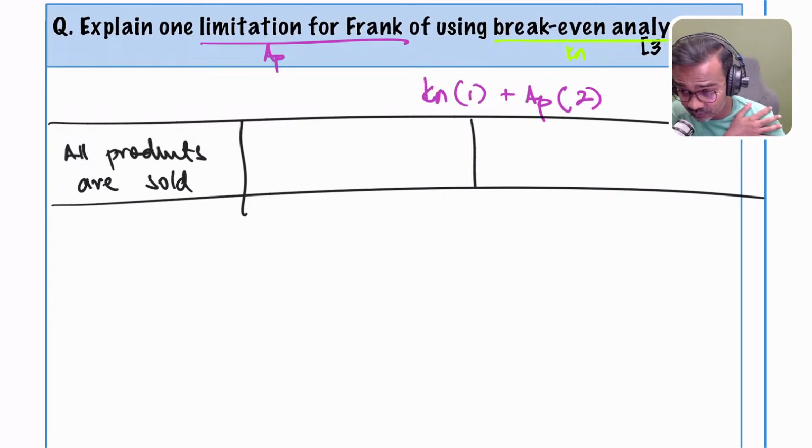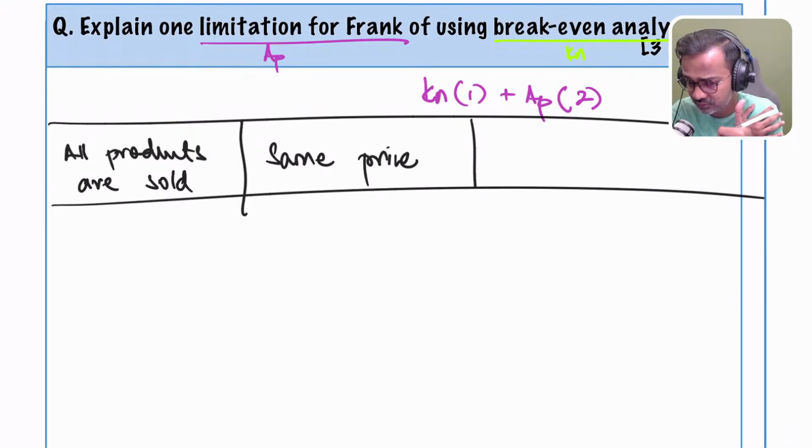That's the first assumption it makes. Second assumption is all products are sold at the same price. That's not always the case. Okay. And thirdly, so your selling price does not change, all products change, and your, what's the third one? Let me test you.